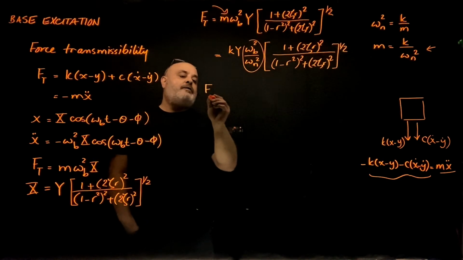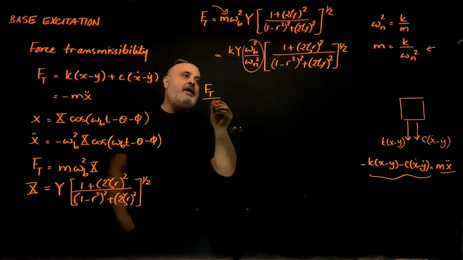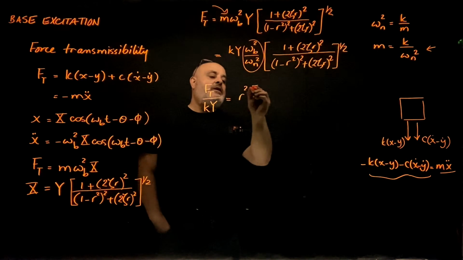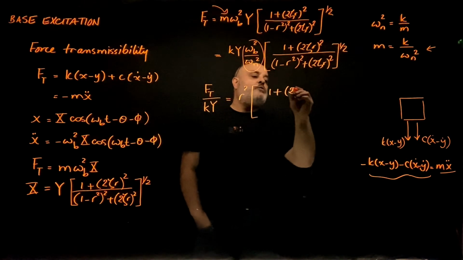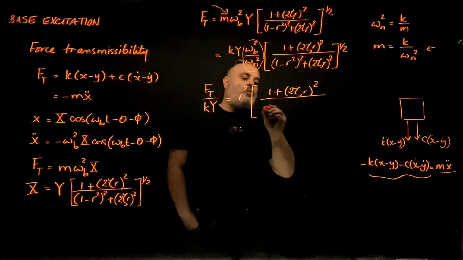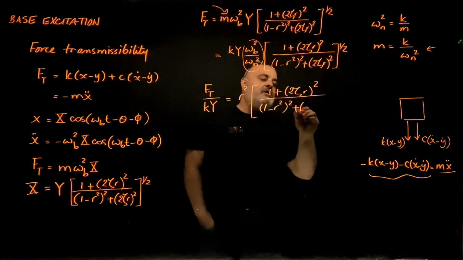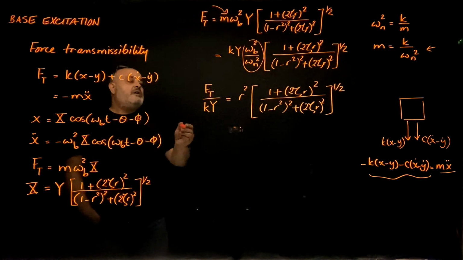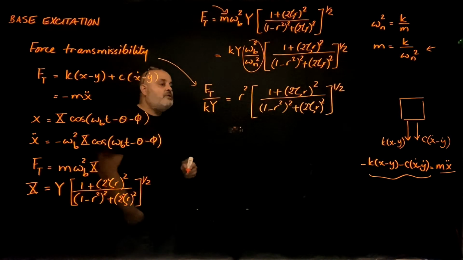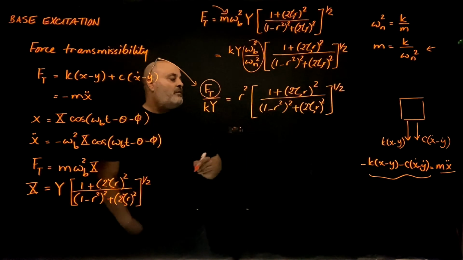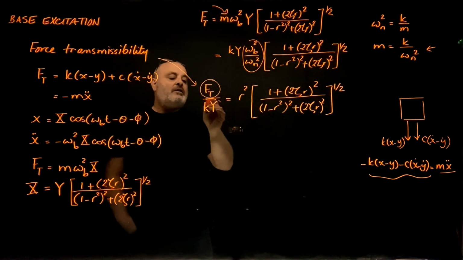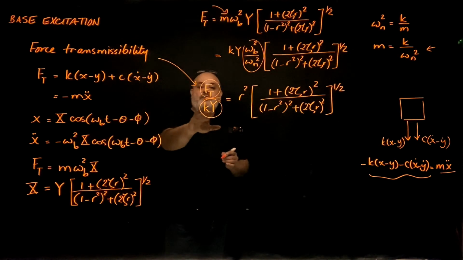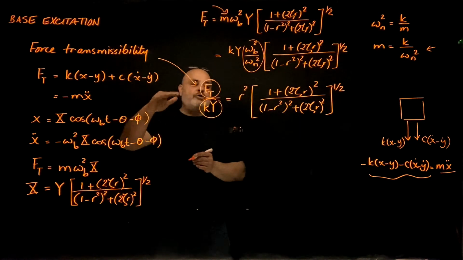So F transmitted divided by k Y is, what's left here is r squared and the square root term (1 plus (2 zeta r) squared) over ((1 minus r squared) all squared plus (2 zeta r) squared) under square root, and this is what's called the force transmissibility, which is how much force is applied to the system by the motion of the base compared to the spring force, where that's equivalent to a displacement Y, the amplitude of the motion of the base.